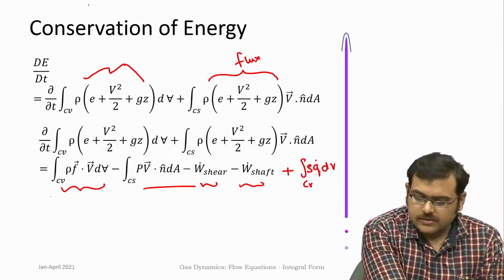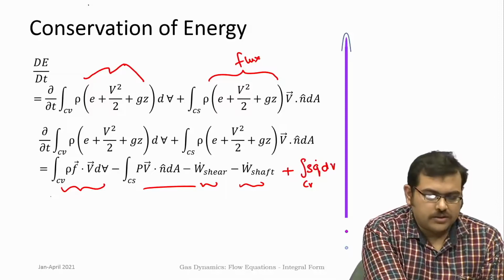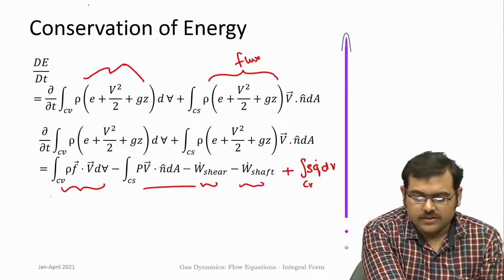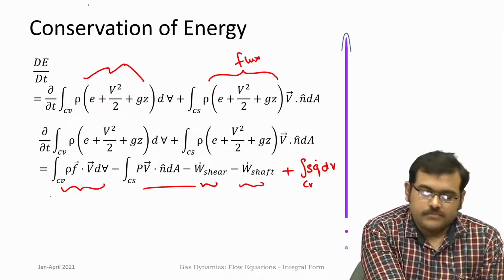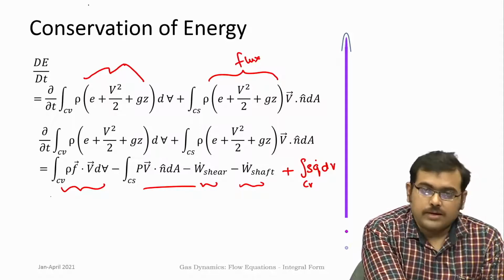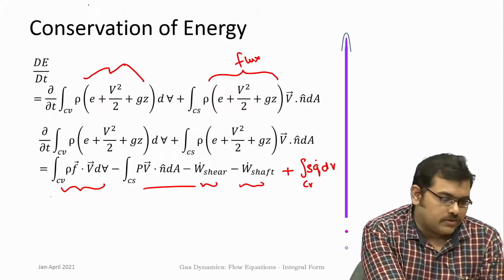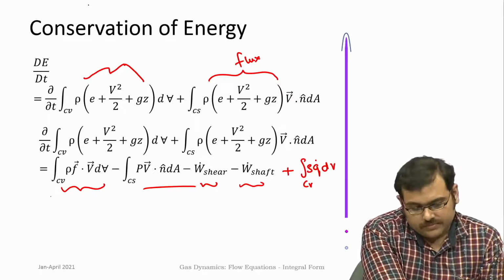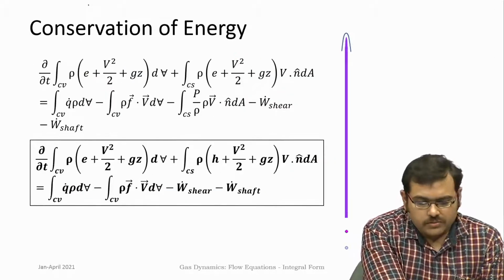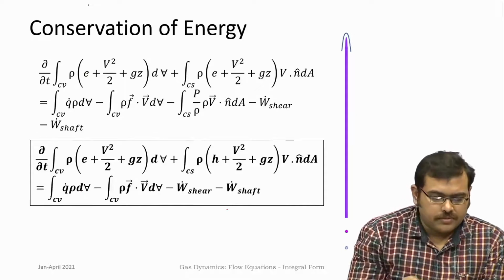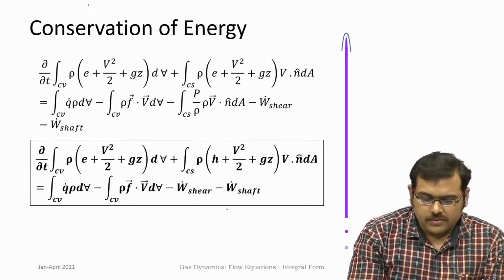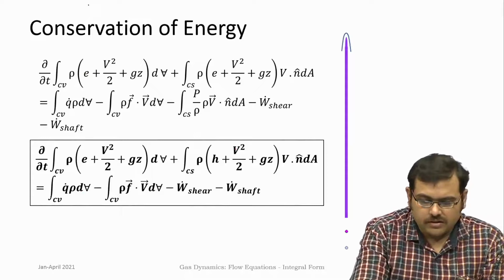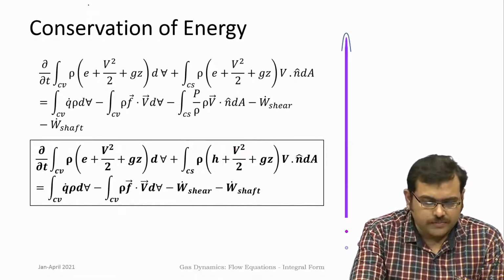So the rate of change of energy is equal to the total amount of heat added to the system and the work done on the system. Okay. So if you put everything in place, then you can get the final equations.